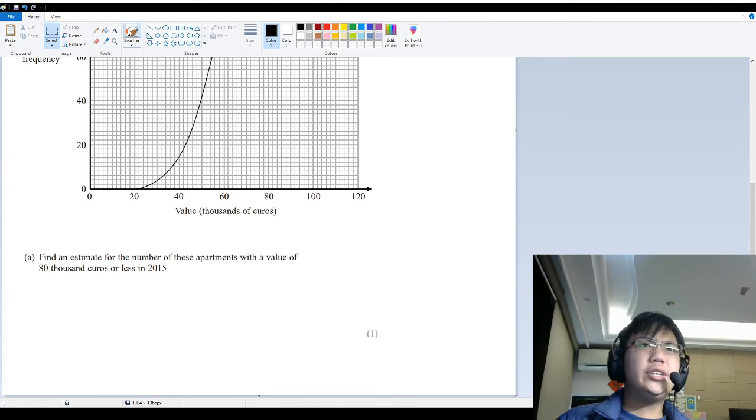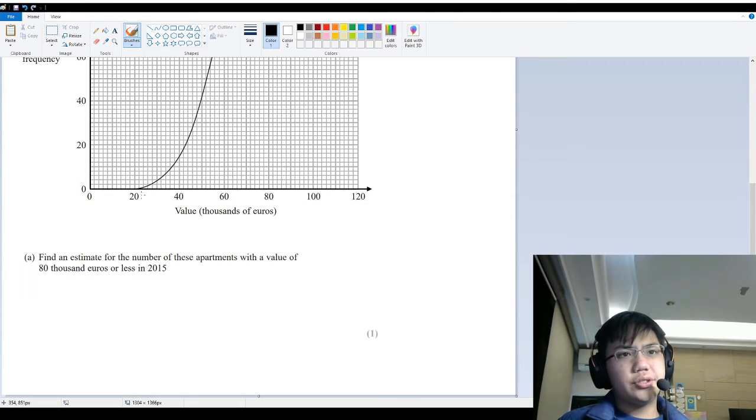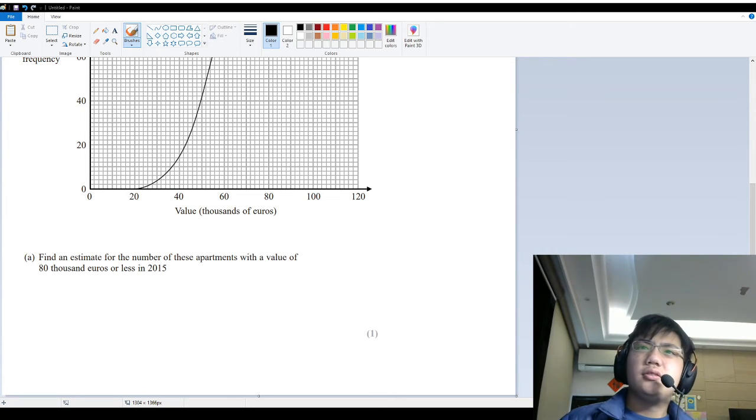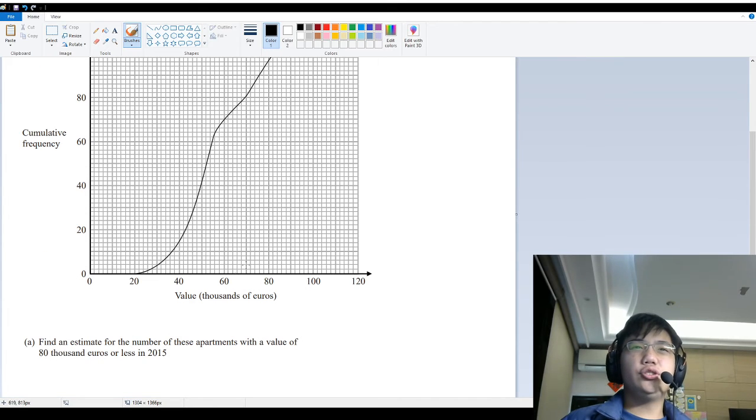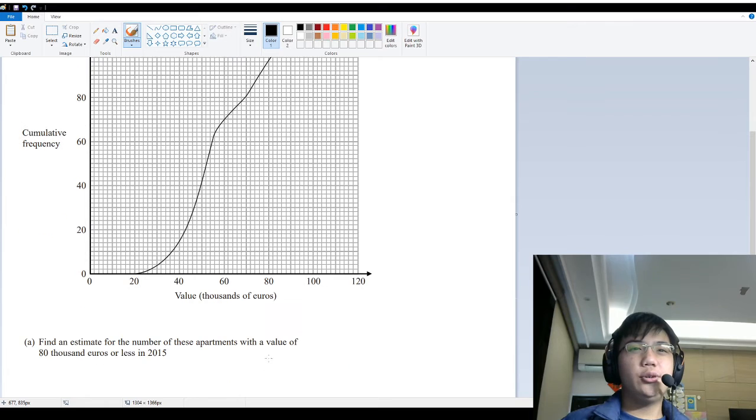Now, what we need to do is go to the x-axis, which is the value in thousands of euros. So here we can find 80,000 euros.